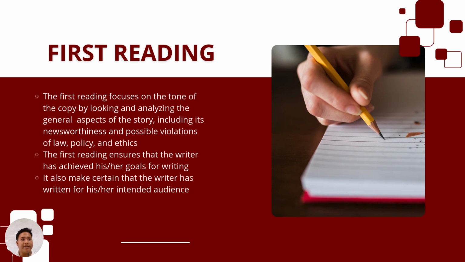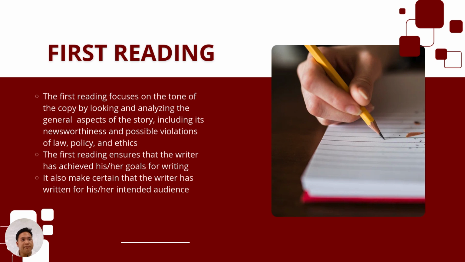and ethical standards. The second point is that the first reading ensures that the writer has achieved his or her goals for writing. Here, the editor also checks if the writer has accomplished their purpose. For instance, if the goal was to inform, persuade, or entertain, the first reading confirms whether that goal is effectively met.